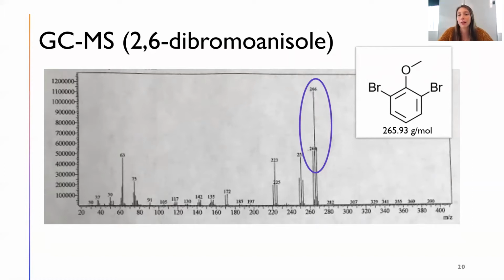There's a heavier one and a lighter one. And that means that on this molecule, there's 3 options. So we have the option where both of the bromines are the heavier isotope, both of the bromines are the lighter isotope, and then the third option, which is twice as likely to occur, that one bromine is heavier and the other one is lighter. And so that's why we see this peak right here in the middle is twice as tall as the 2 side peaks.